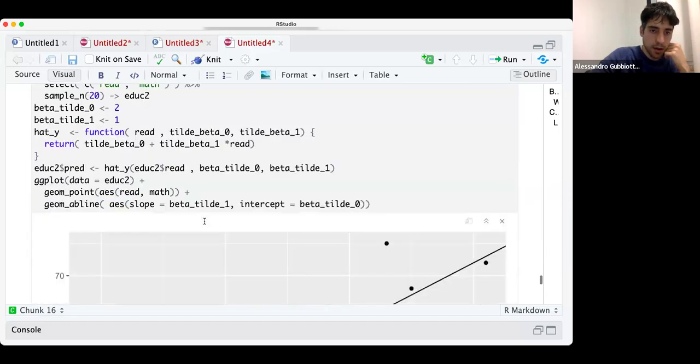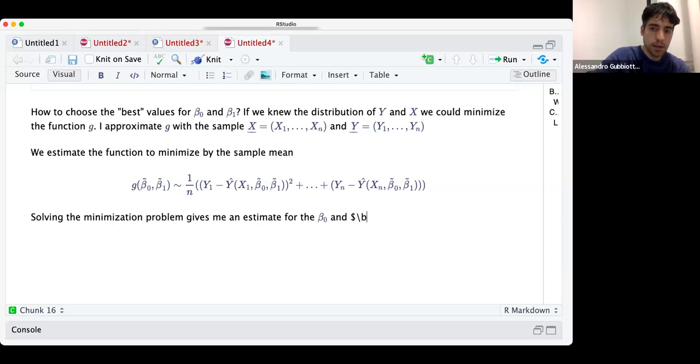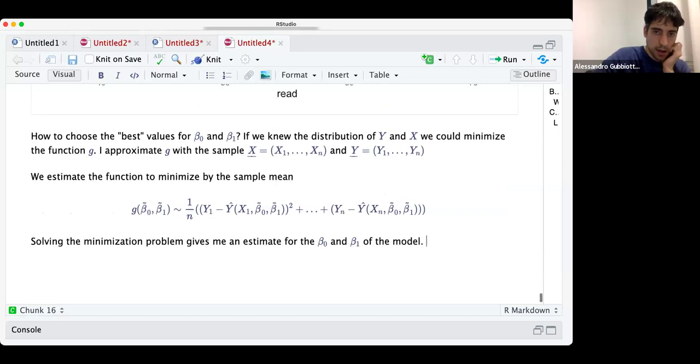So solving the minimization problem gives me an estimate for the beta 0 and beta 1 of the model. So this is as simple as that.